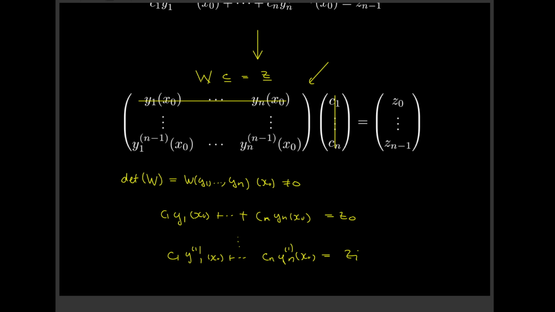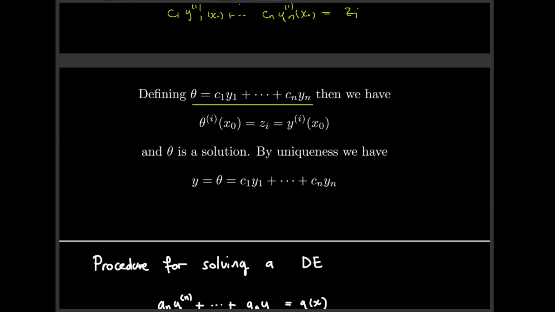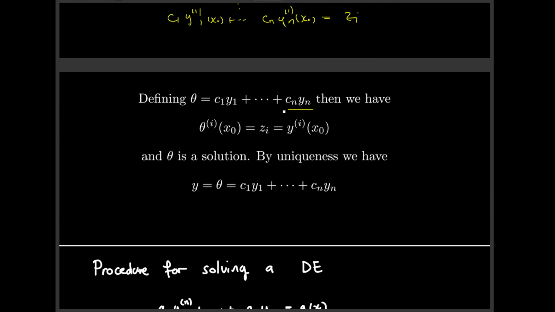And okay, the point of doing this is that if we define our theta to be this, then we have a very important fact, namely that theta, because it's a superposition of solutions to our homogeneous equation, is a solution to our homogeneous differential equation. And moreover, it's a solution which has the same initial values as our function y.